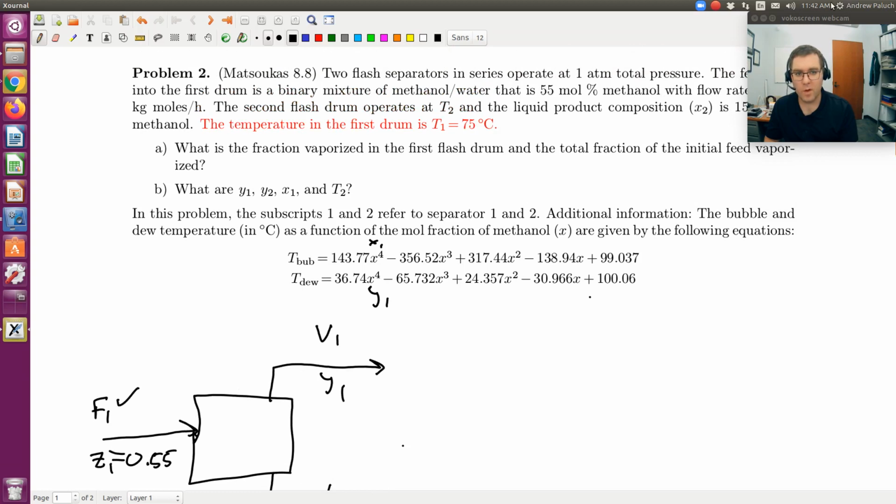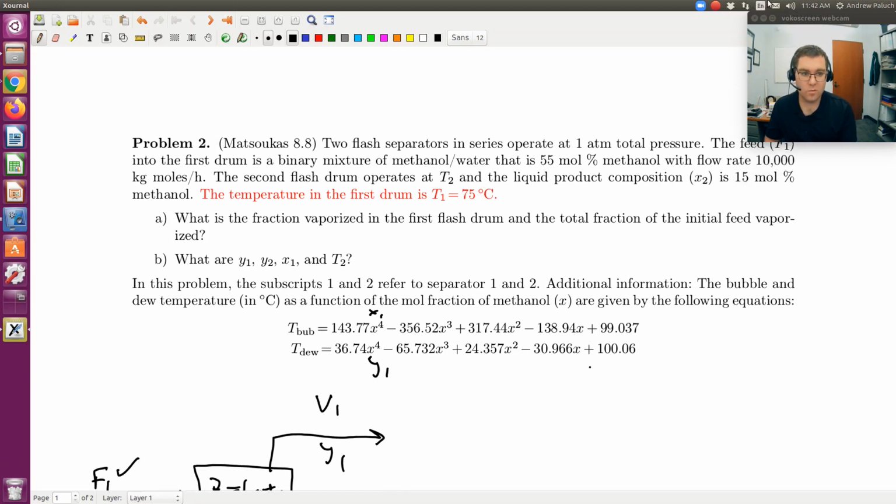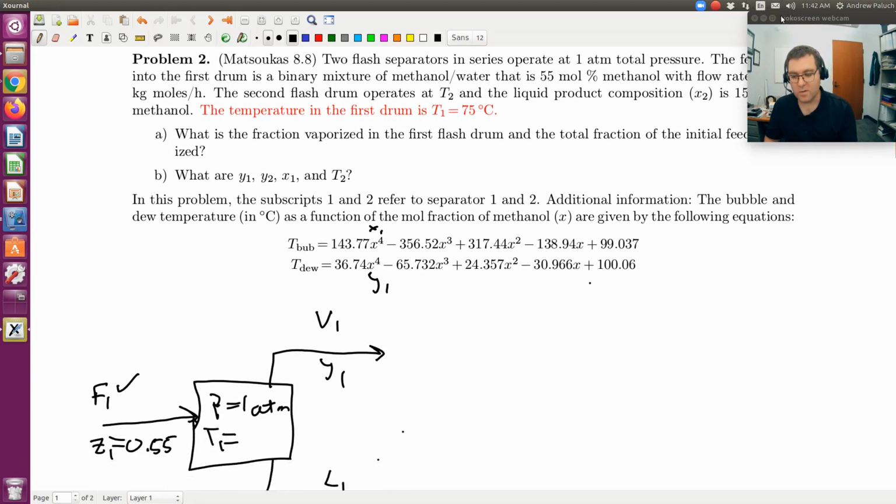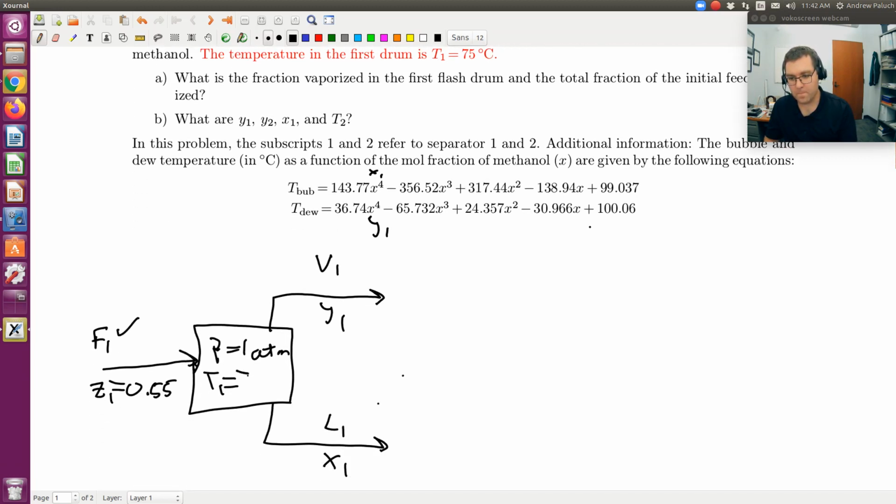Then in terms of the drum, the pressure is 1 atm, and the temperature, we'll call this T1, is 75 degrees C. Since we have two drums, let's give all these a superscript A for our first drum, drum A, and we'll call that T1A.